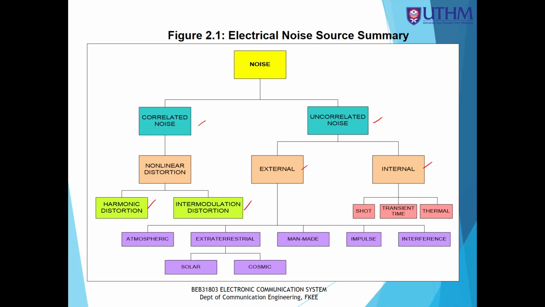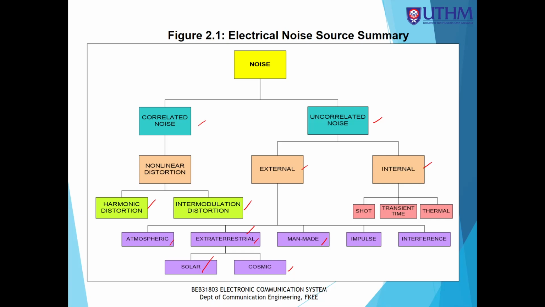In the external noise, outside from the system, there are atmospheric noise, extraterrestrial noise, man-made noise, impulse noise, and also interference. Extraterrestrial noise is the noise generated from outside of this earth, which consists of solar noise and also cosmic noise.